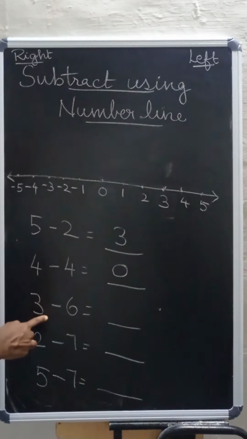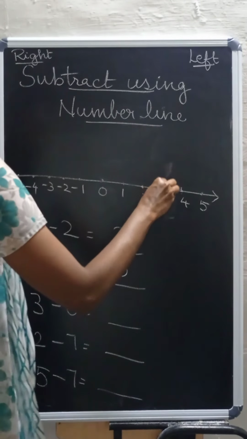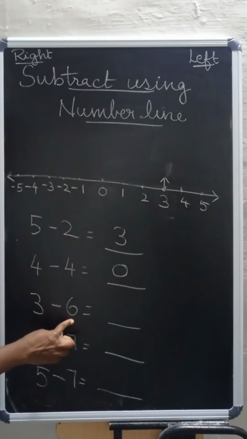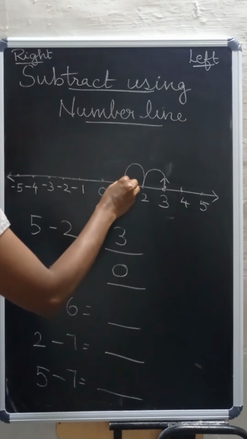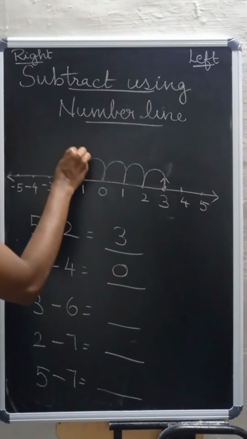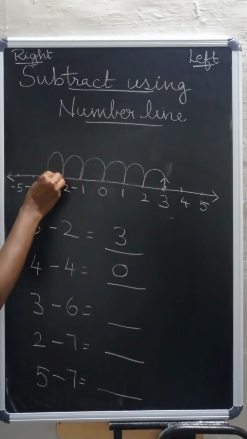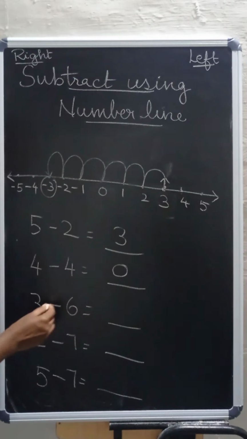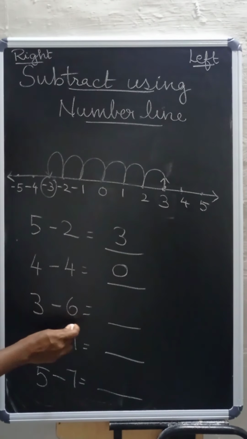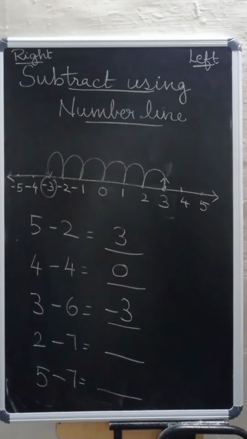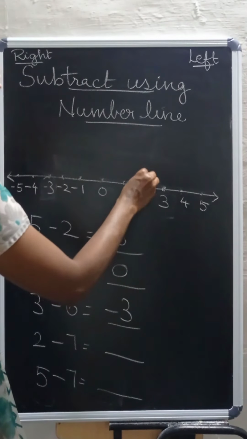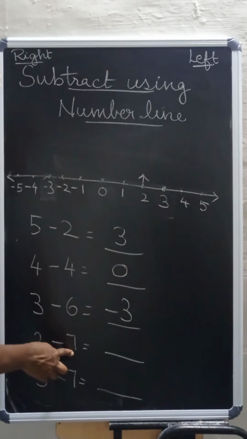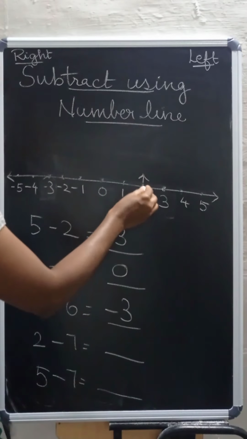Next, 3 minus 6. I am standing on 3. Minus 6 steps. So 1, 2, 3, 4, 5, 6. I come to minus 3. So 3 minus 6 is minus 3. Next one, 2 minus 7. Now I am standing on 2. Minus 7 steps to the right of the board.